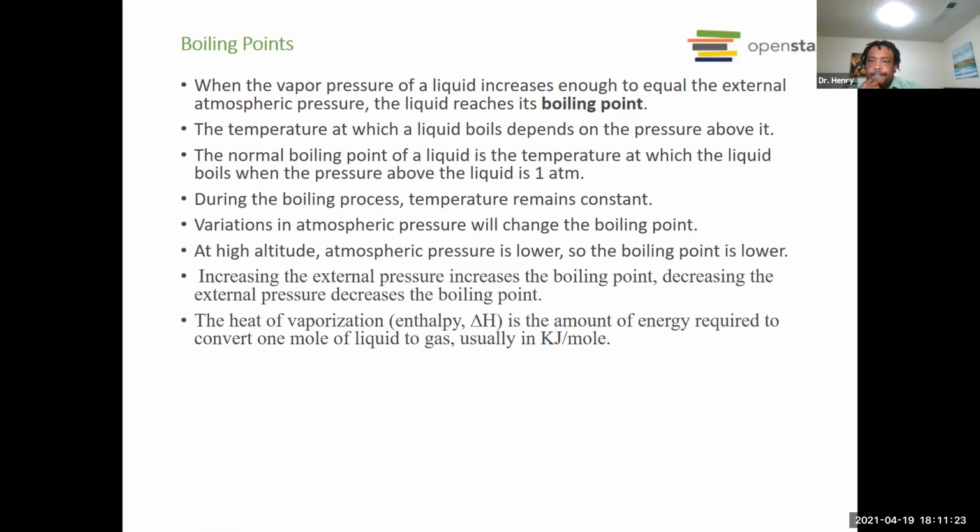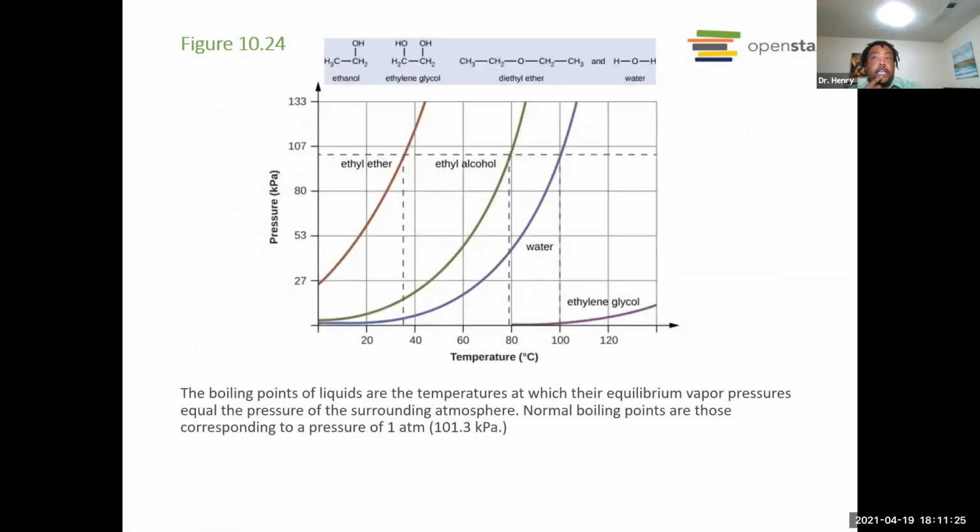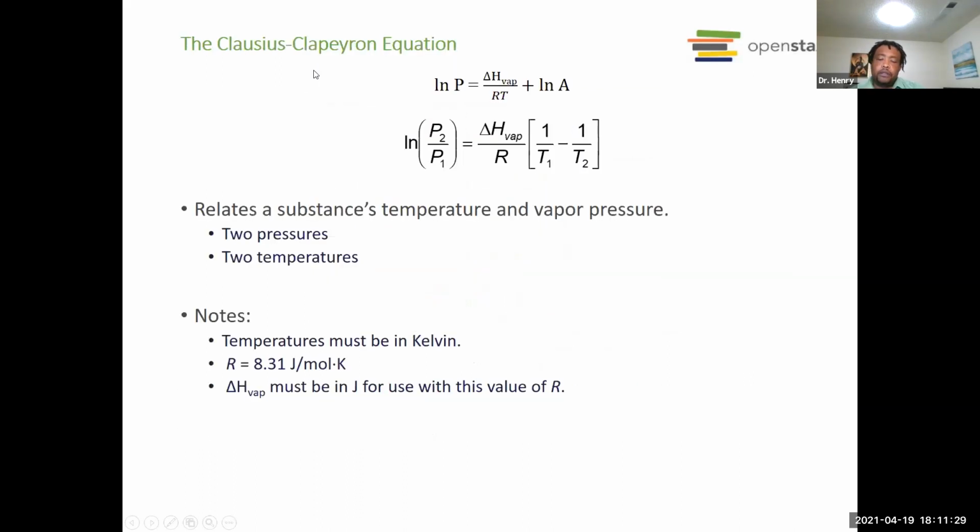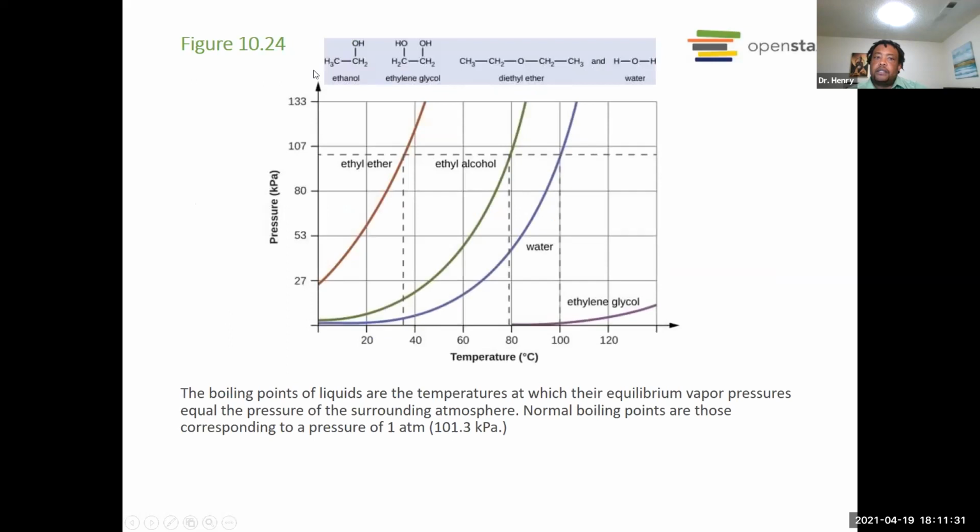So if we take a look at those same molecules that we just talked about, ethanol, ethylene glycol, diethyl ether and water, this is just pressure versus temperature, so you get an idea of the vapor pressure as a function of temperature.